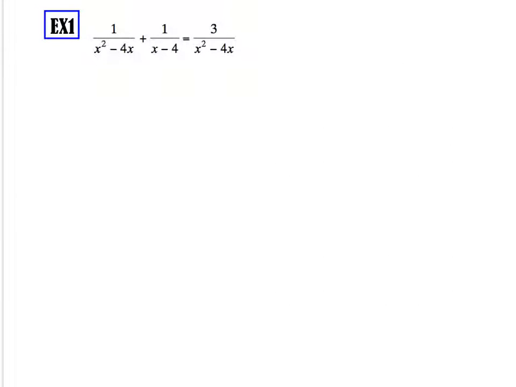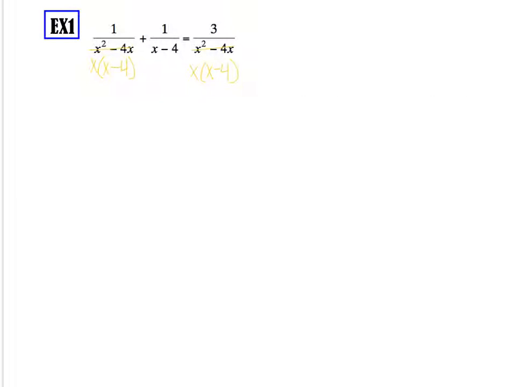So just like when we are adding and subtracting, I'm going to factor it to make my life a little easier. To factor x squared minus 4x, I'm going to take out an x. So my common denominator is x times x minus 4.